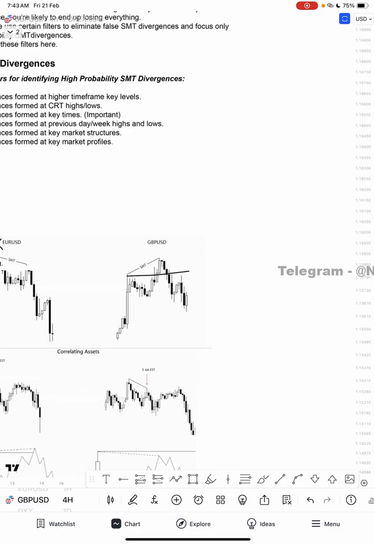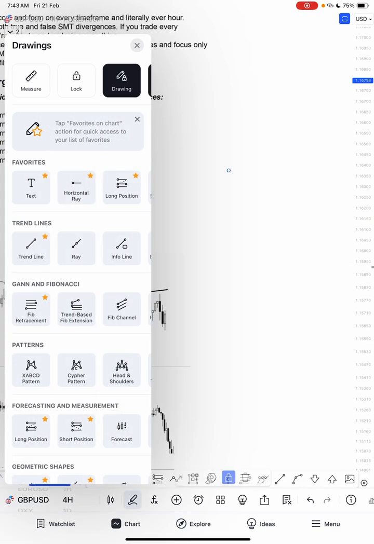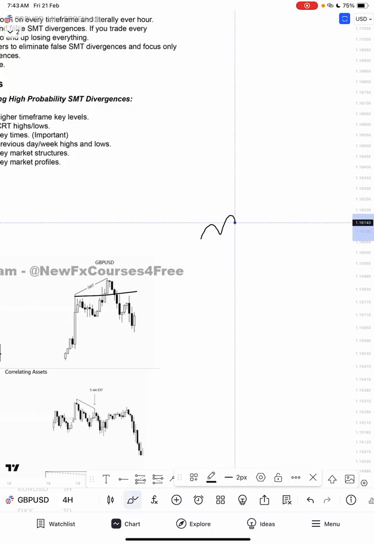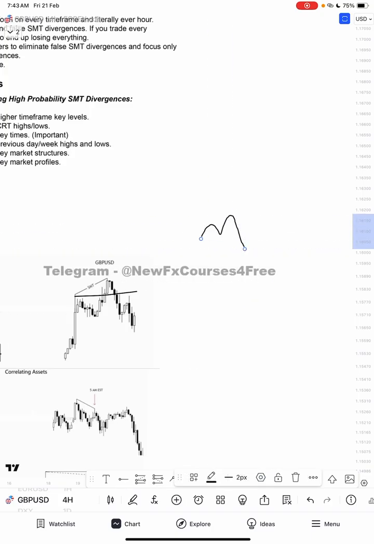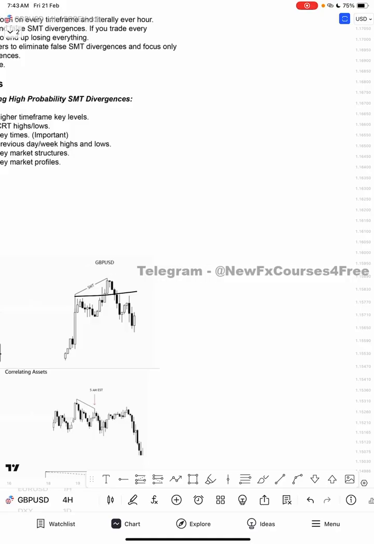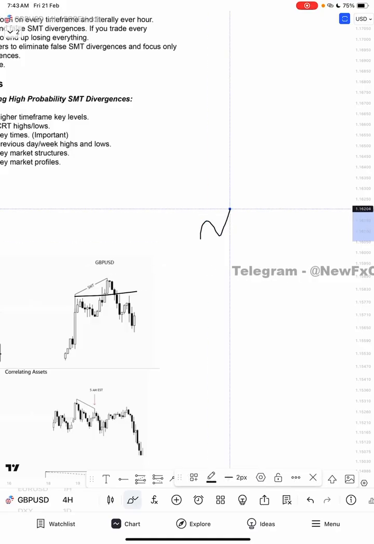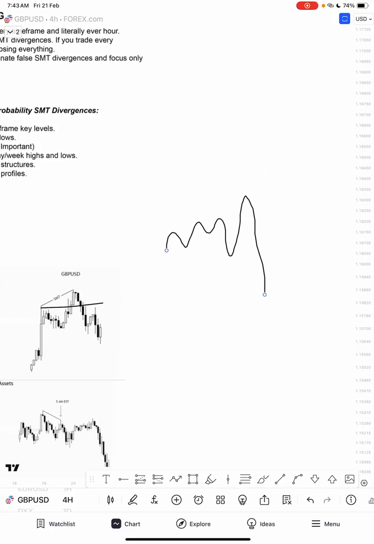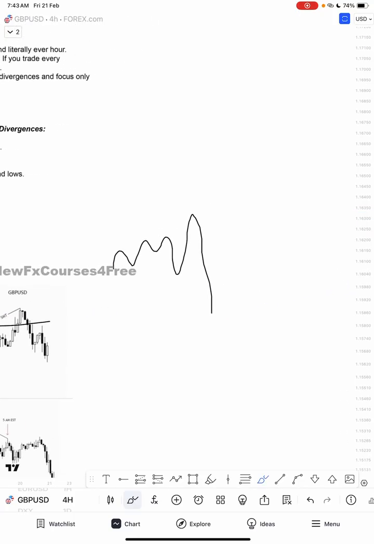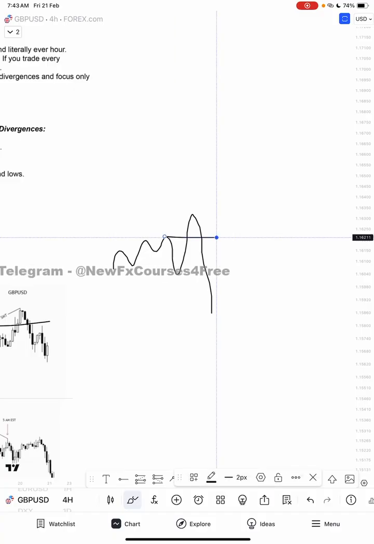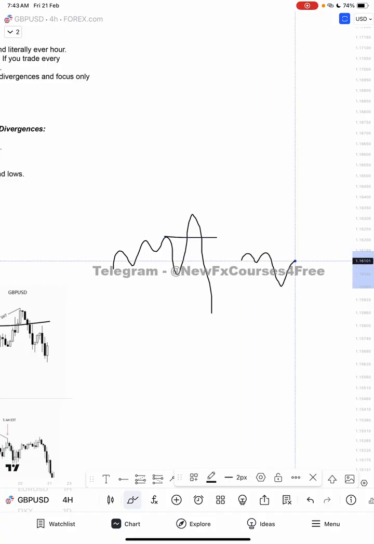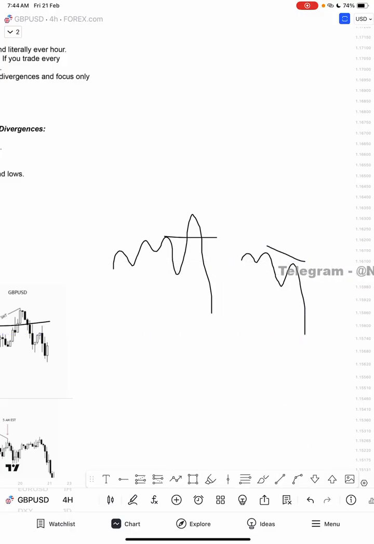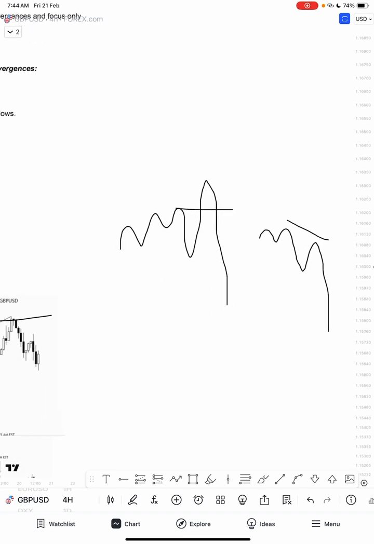So let me just illustrate something real quick. A turtle soup on one asset is actually an SMT divergence on another asset. So you can actually check your chart for this.